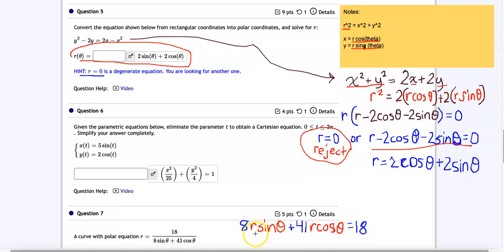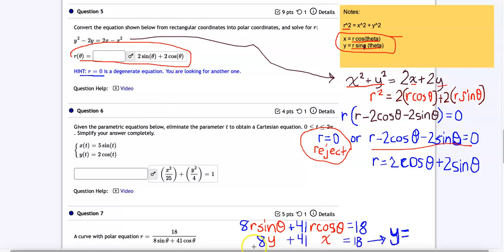Now notice I grouped the r next to the sine theta, not out in front. Same thing over here, the r is grouped with cosine theta, not out in front, and this is because I want to be able to use these substitutions up here. So now I can replace r sine theta with y, and replace r cosine theta with x.